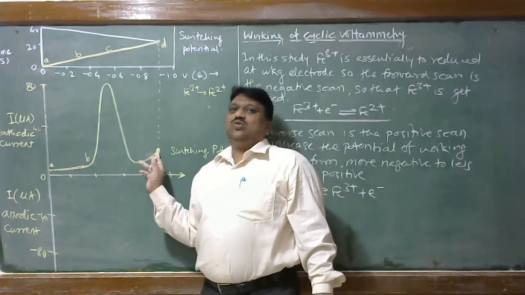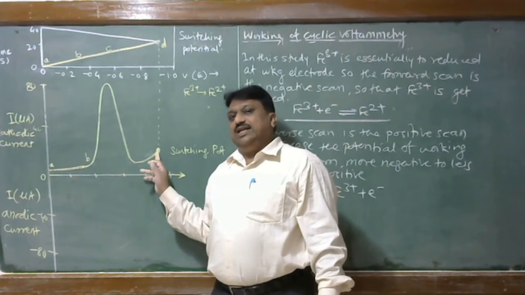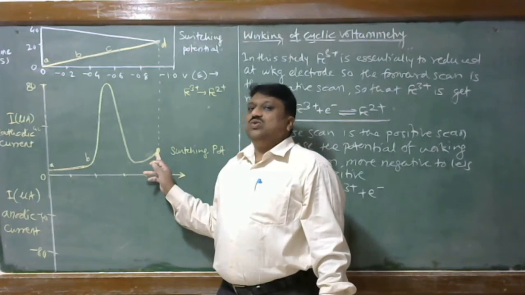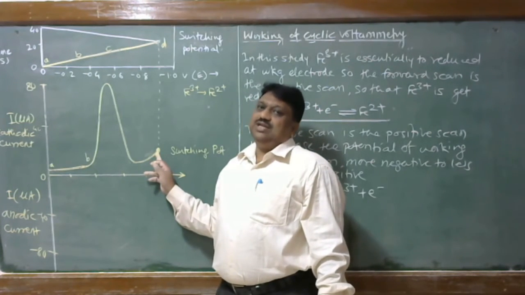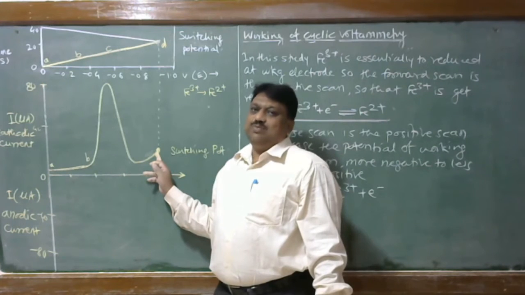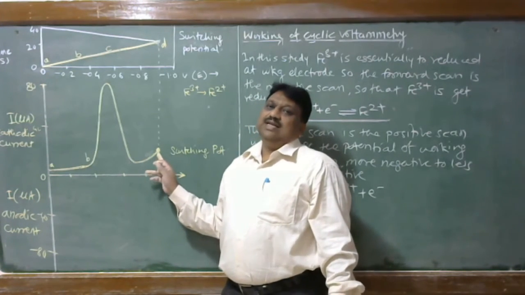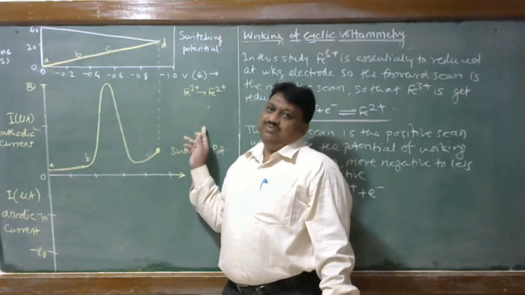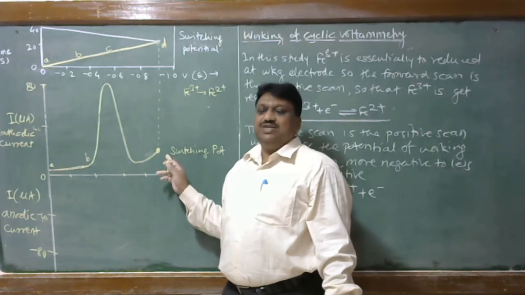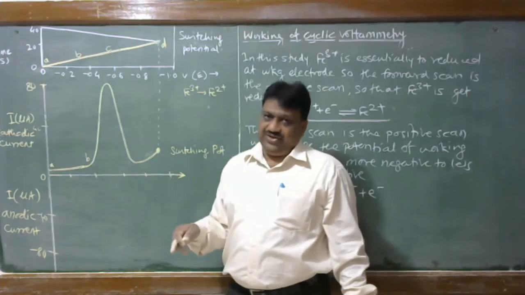As reduction of the supporting electrolyte starts, we have to reverse the potential. That reduction of the supporting electrolyte signals the switching potential. Therefore, we can switch the potential in the opposite direction.